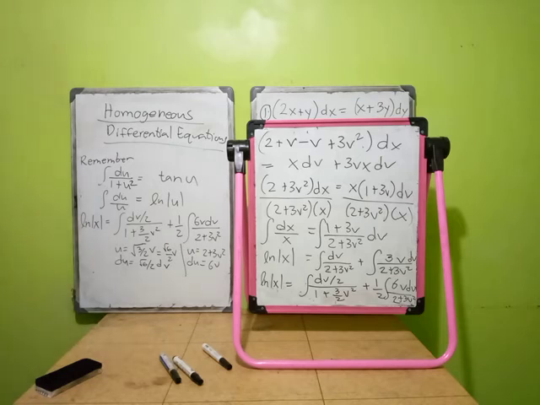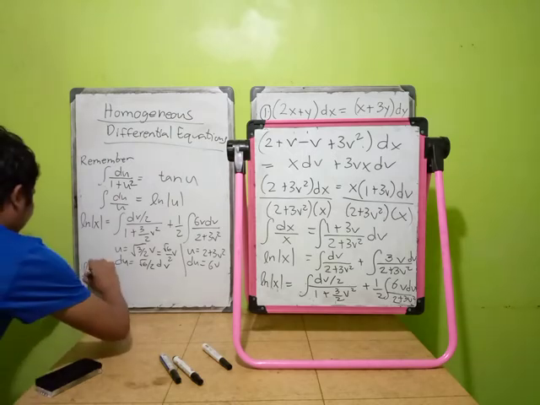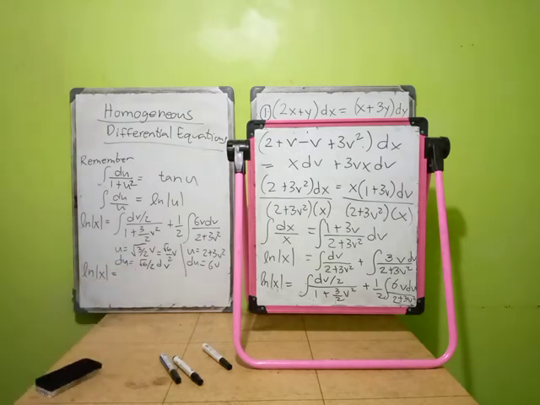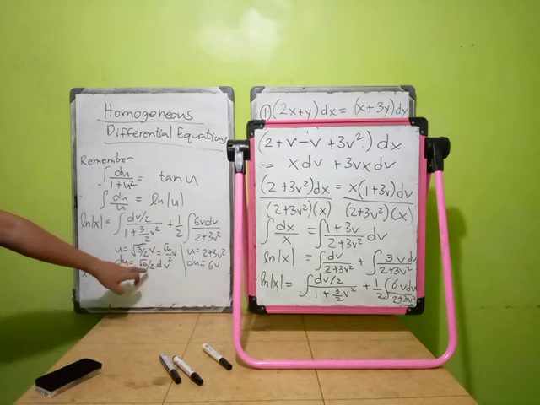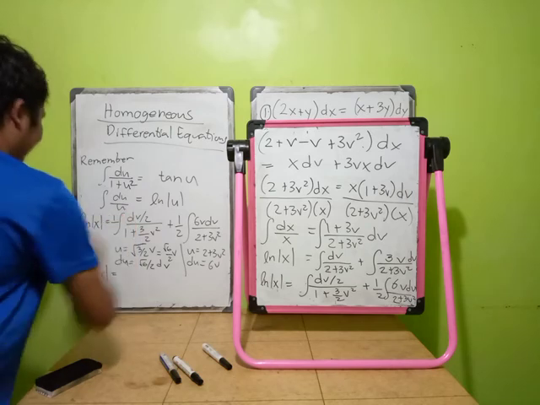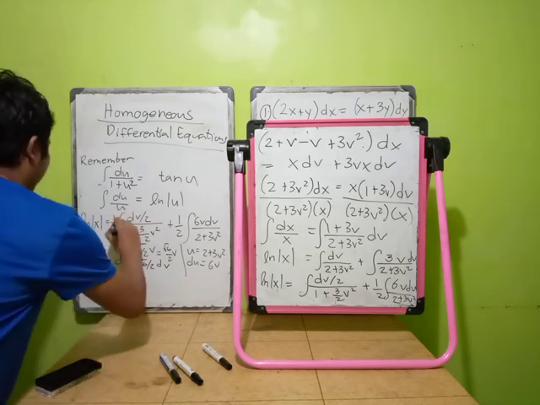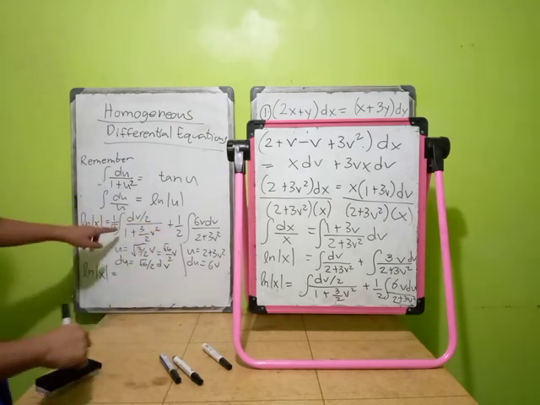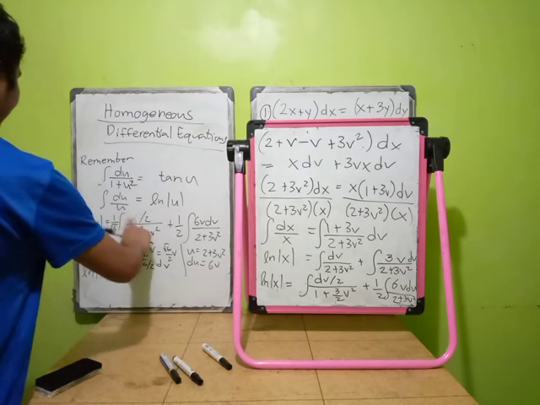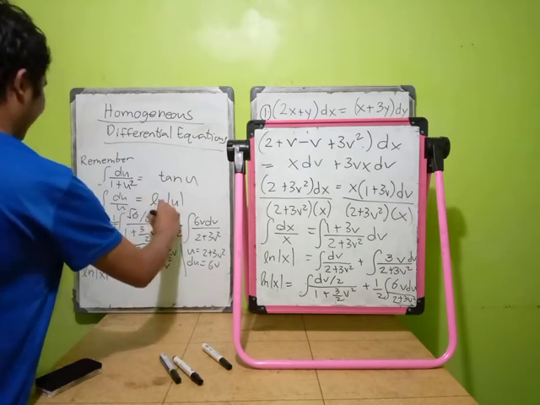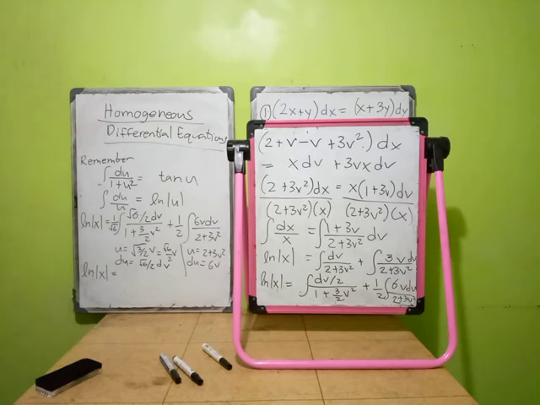So, therefore, ln of x is equivalent to dv over 2. And then yung du natin is square root of 6 over 2 dapat. So, kulang ito ng 1 over square root of 6. Ipasok na naman natin yung square root of 6 over 2 dv, nang sa ganon ma-apply na natin yung law of tangent.